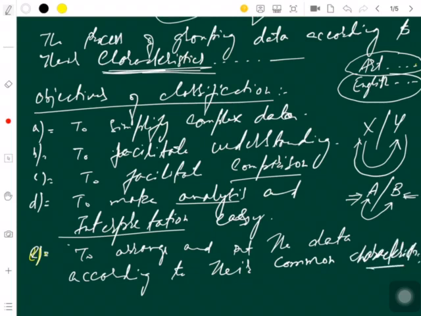You know what we can do? We can make point number 5 as point number 4 and point number 4 as point number 5 as well. But if we keep it in the same way, there is no harm, no marks will be deducted, there is no problem, because we do it all to arrange and put the data according to their common characteristics.